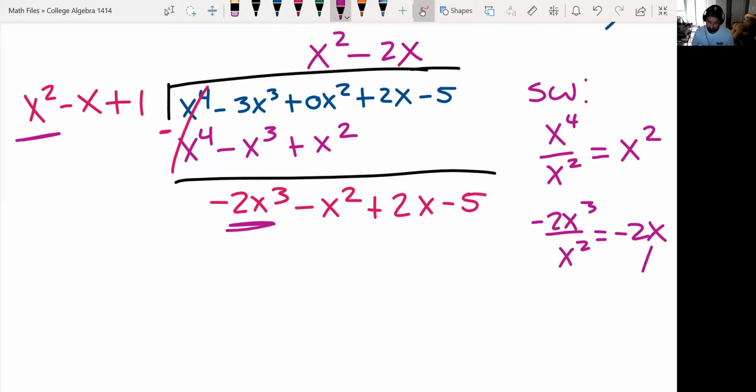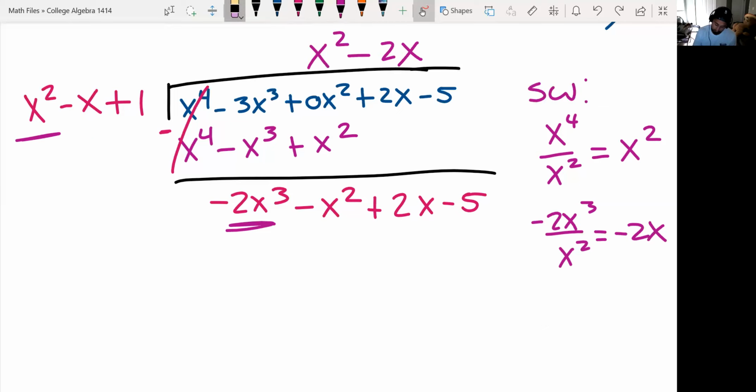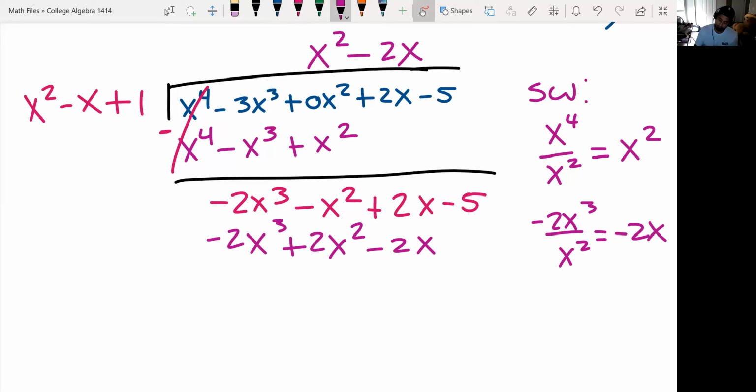And take it and multiply the divisor by it. And I'll get negative 2x cubed plus 2x squared minus 2x.